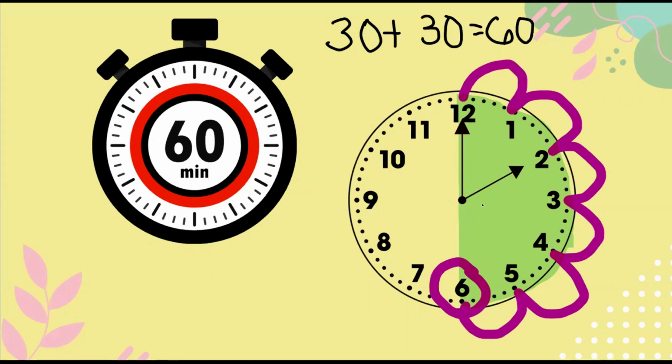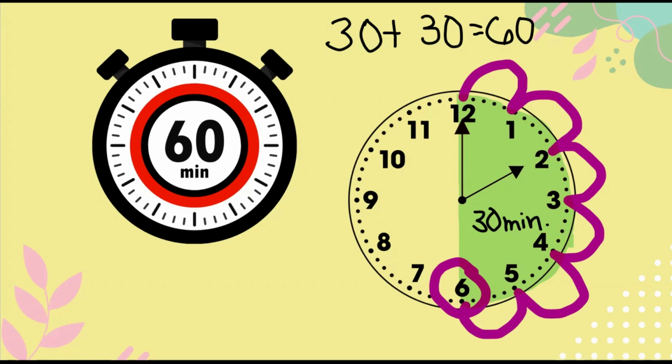So 30 minutes is half an hour. Our whole clock, all the way around 1 hour, is 60 minutes. 1 hour is 60 minutes.